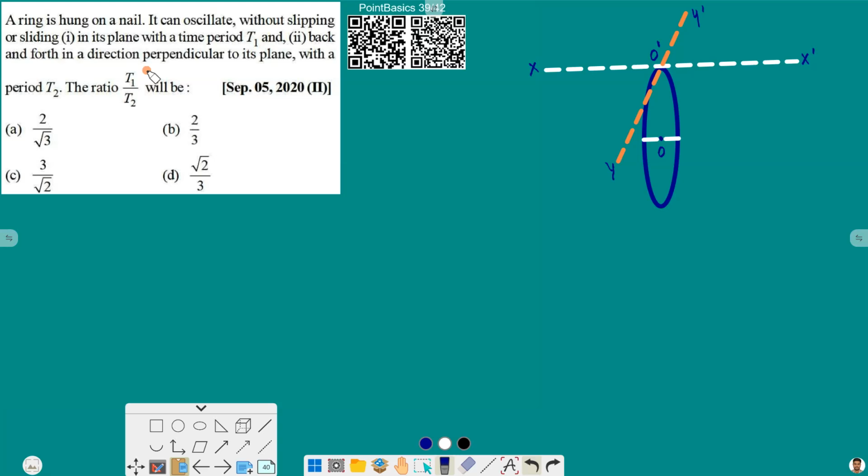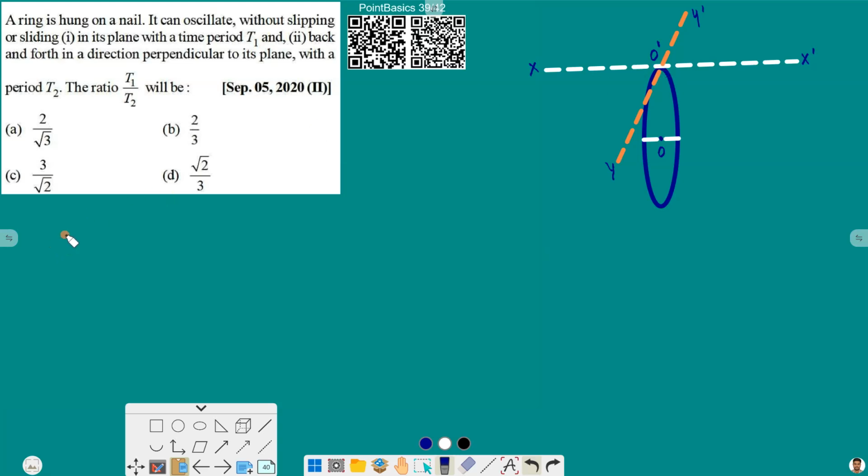Now, in both of these cases, we assume that as this is a chapter of magnetism and it is oscillating, there will be some magnetic field, some torque, and there will be some current in this ring, so that it is acting as a magnetic dipole. And in both of these cases, neither the dipole moment is changing, nor the field is changing, just moment of inertia is changing about the different axes.